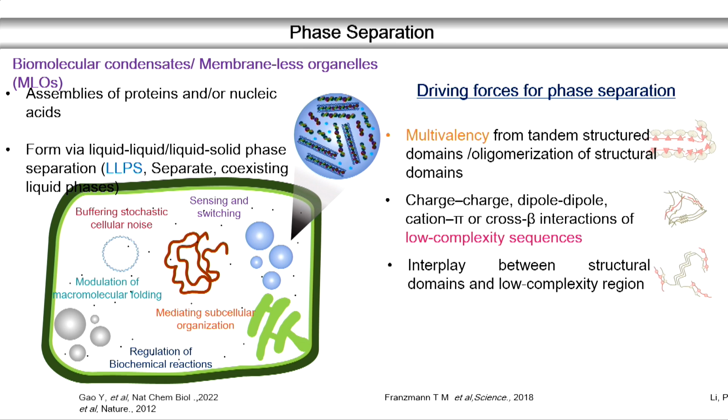And the condensates, as just discussed in the last talk, you can have a series of interactions just like any molecular process. You can have all these charge dipole, cation-pi, van der Waals interactions. All of these can play a role. On top of which, you also have an interplay between structural domains and low complexity regions. What I mean by that are those regions that are well folded and those regions which are disordered in solution.